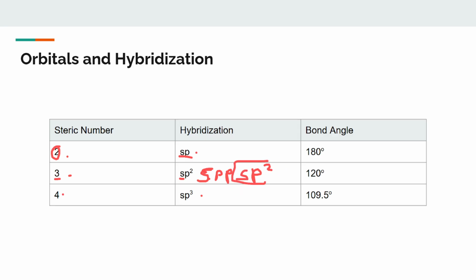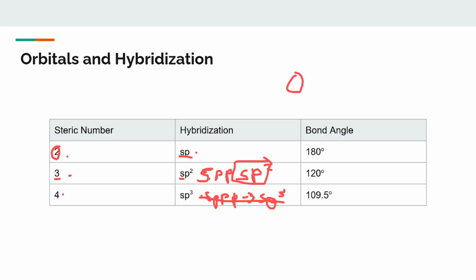Not really like that means anything. And then S, P, P, P, combine it, SP3. And so the bond angles on these would be 180.